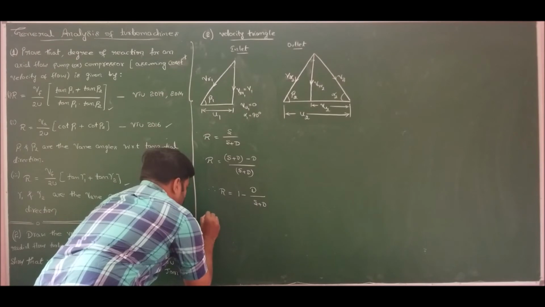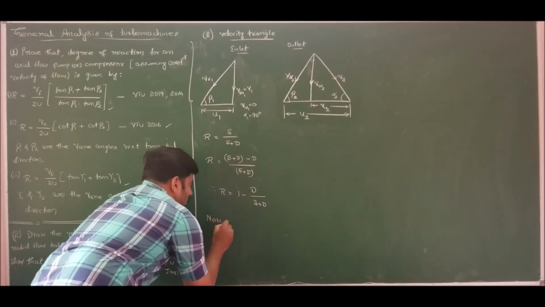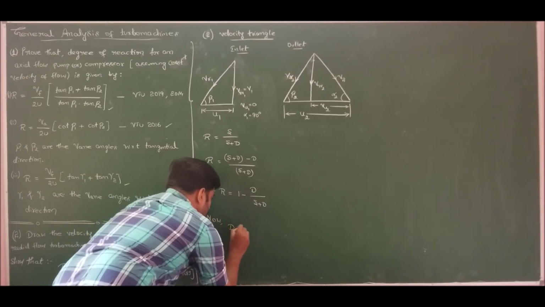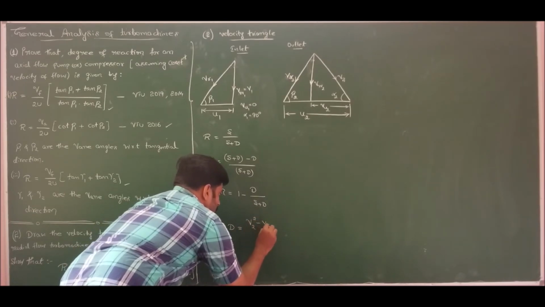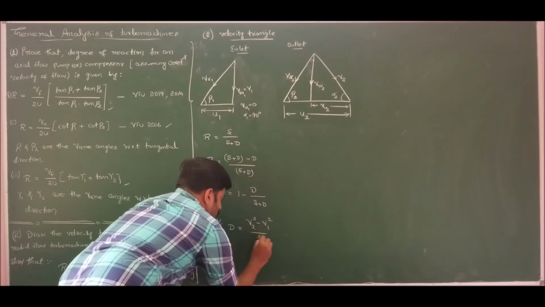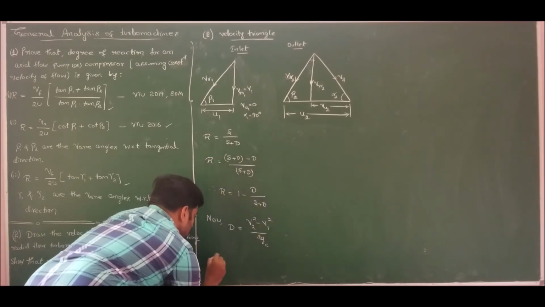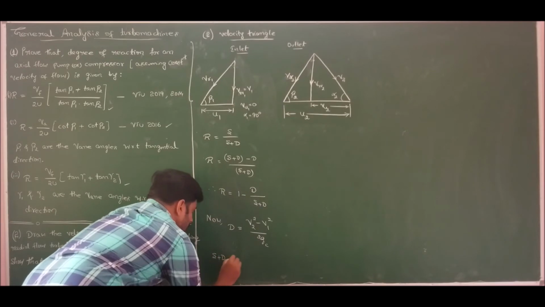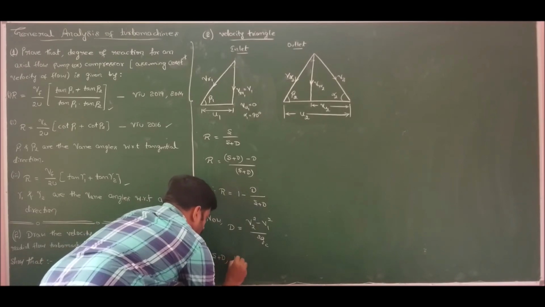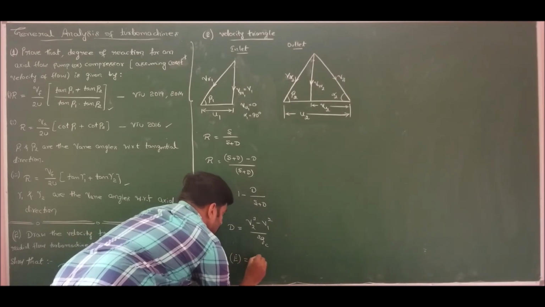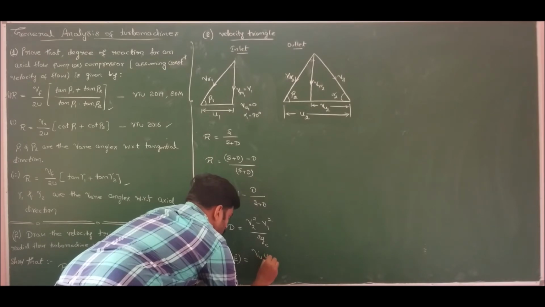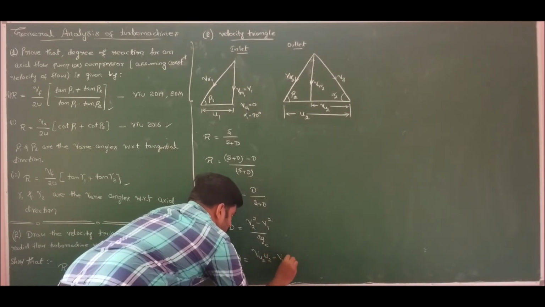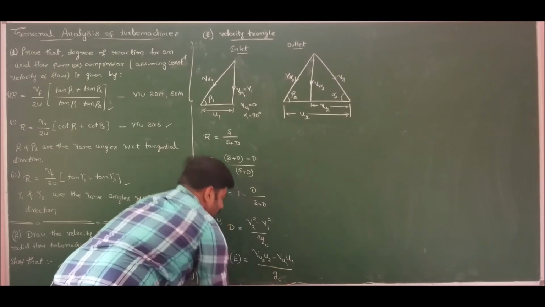Now we know that the dynamic component of energy transfer for a power absorbing turbo machine is (V2 square minus V1 square) by 2gc, and static plus dynamic component of energy transfer is nothing but the work done per kg, which I can write for a power absorber as (VU2 U2 minus VU1 U1) by gc.